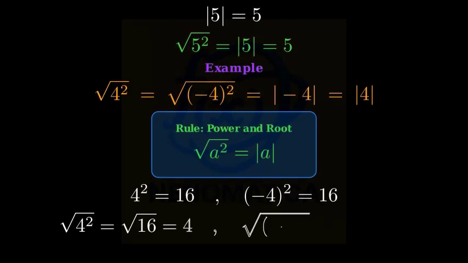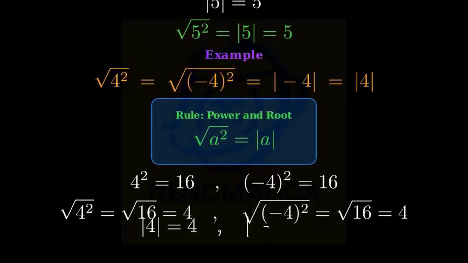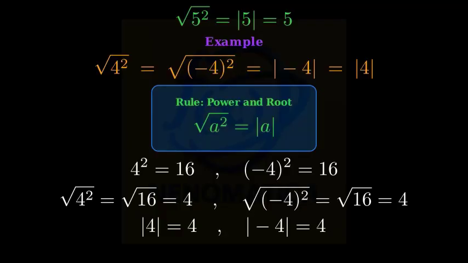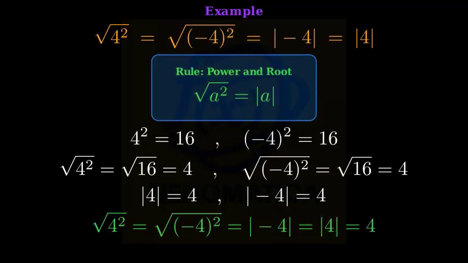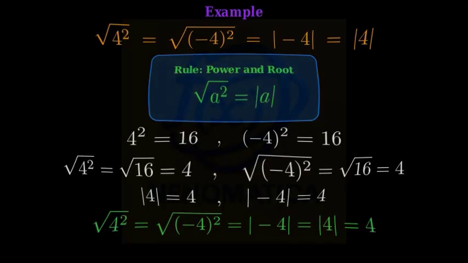Step 2. We'll take the square root of 16 in both cases, which gives us 4. Step 3. We need to determine the absolute values of 4 and -4. The absolute value of 4 is 4, and the absolute value of -4 is also 4. Therefore, we've verified all the equalities in our statement. They all evaluate to 4.